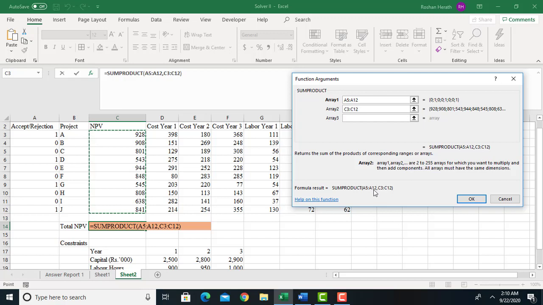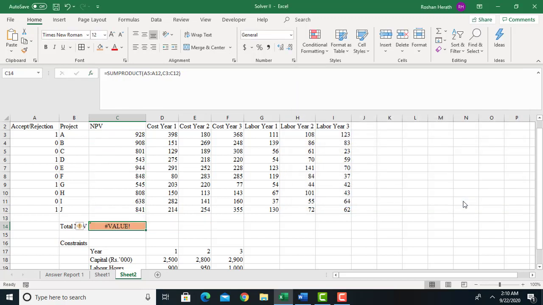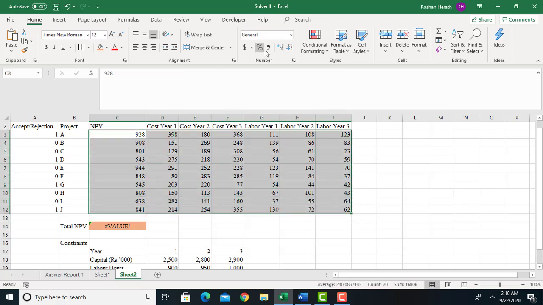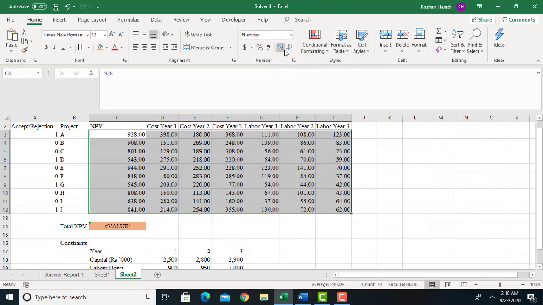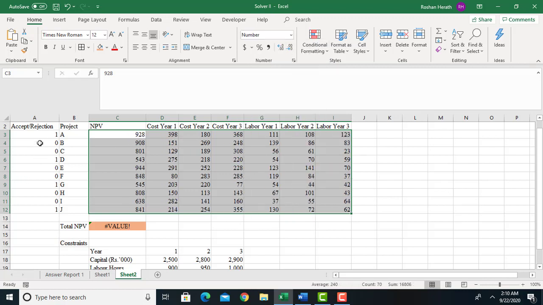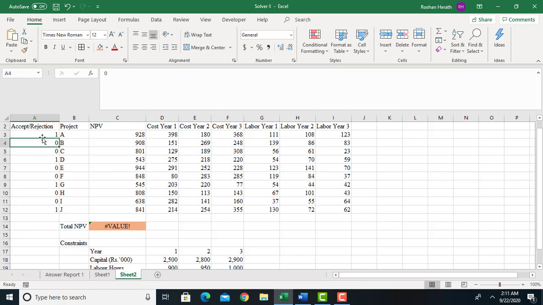Now see what happens. So there is something wrong with these values. Let me do the formatting of this. Must be number formatted. And here also get the number formatted.